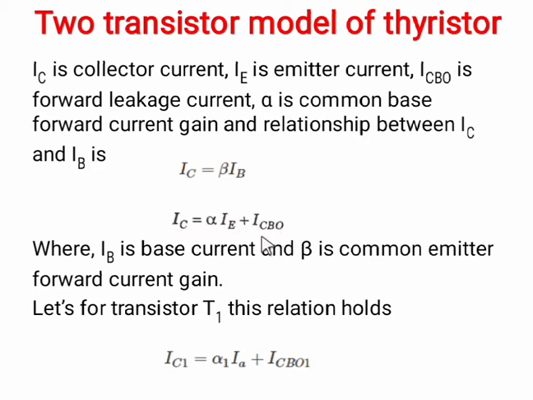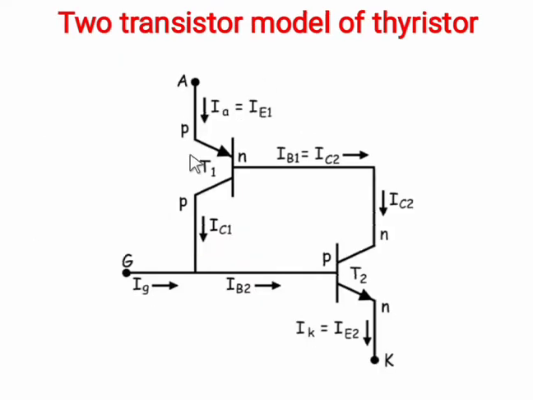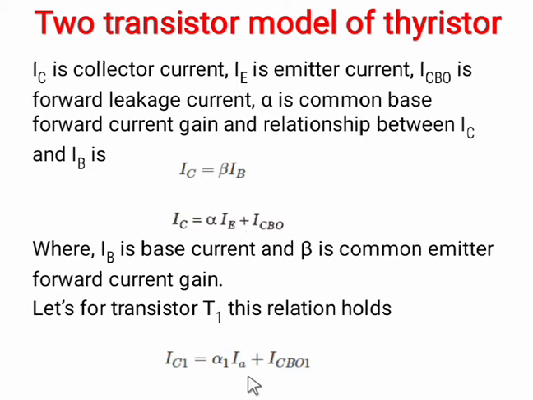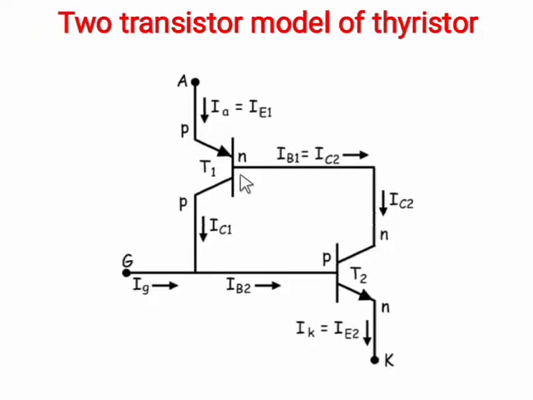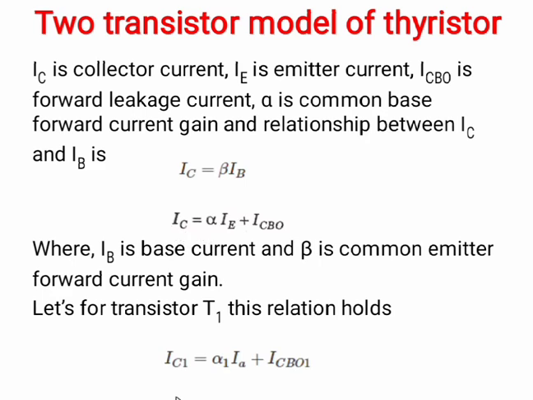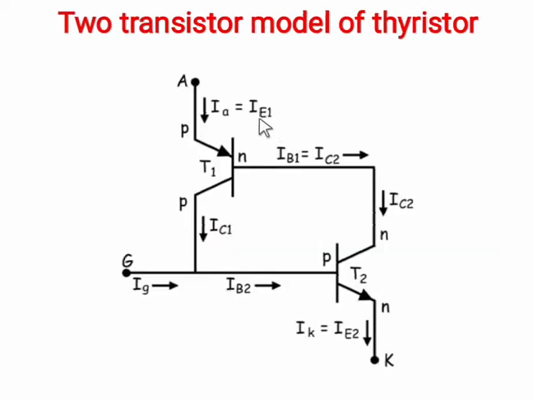We apply this equation to the circuit. For transistor T1, the collector current is IC1, alpha is alpha 1, and the emitter current of transistor T1 is IA.